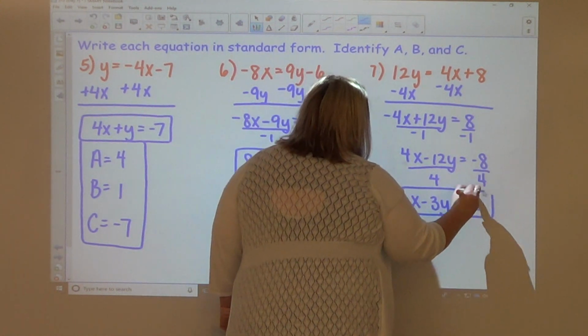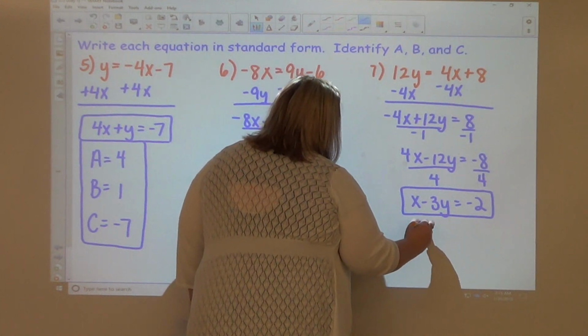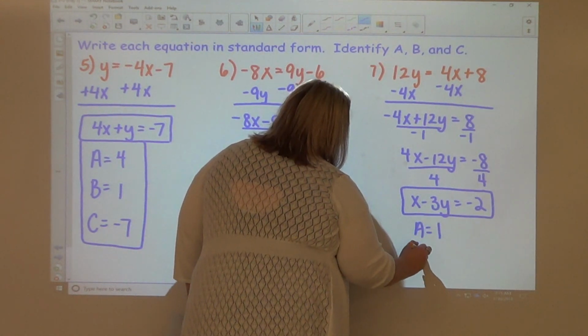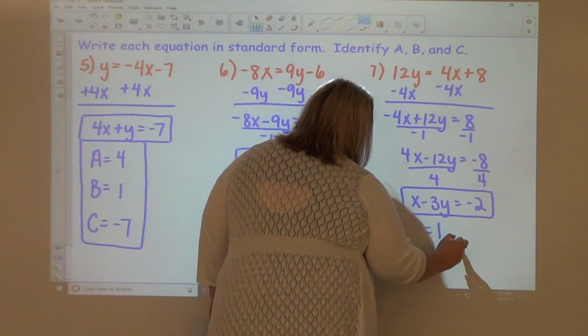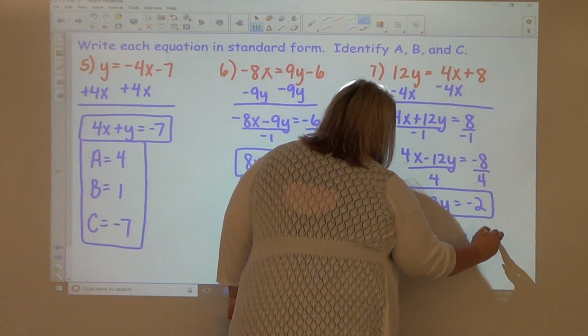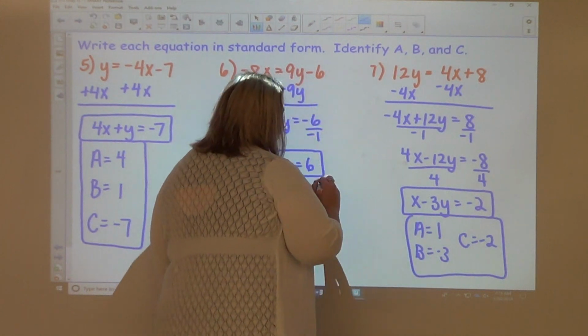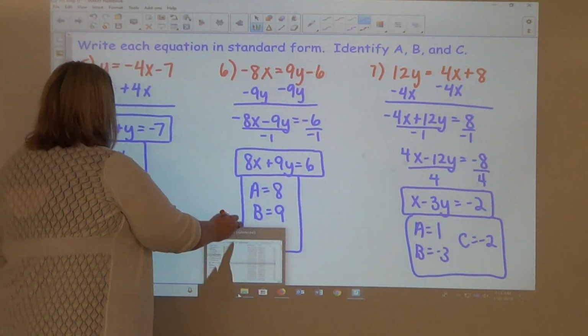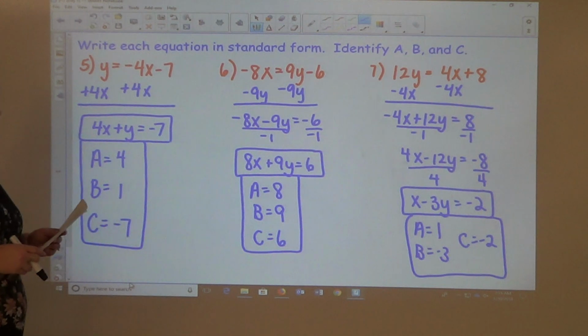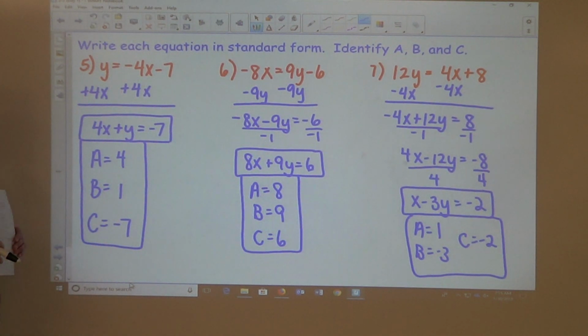So that is my standard form. A is 1, B is negative 3, and C is negative 2. Okay, so that's standard form.